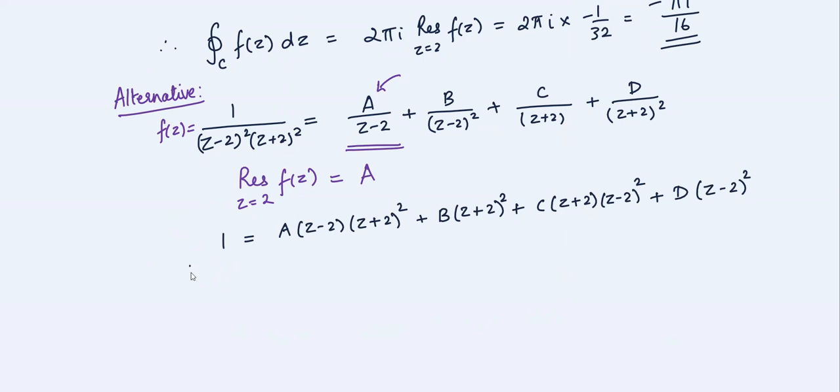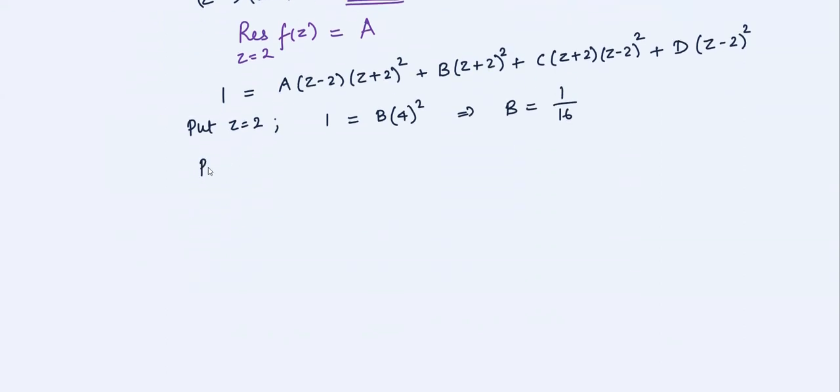Easy way, our target is a. So put z equal to 2. So 1 is b times 2 plus 2, 4 square. All others are zeros. So b is 1 over 16.